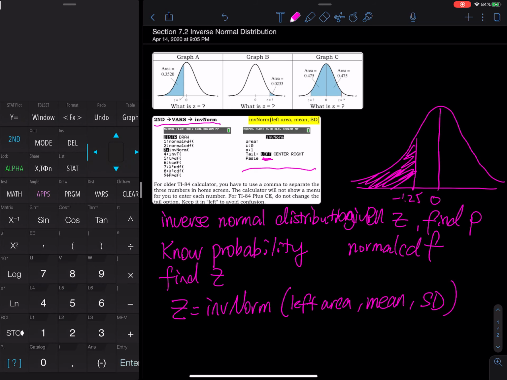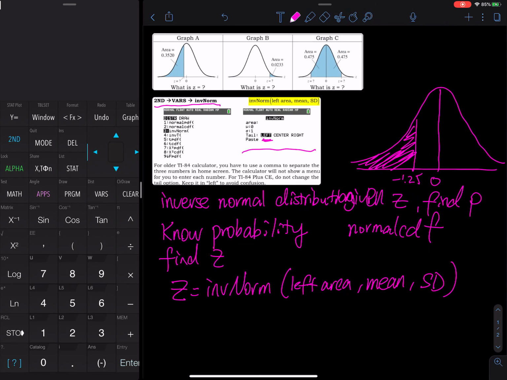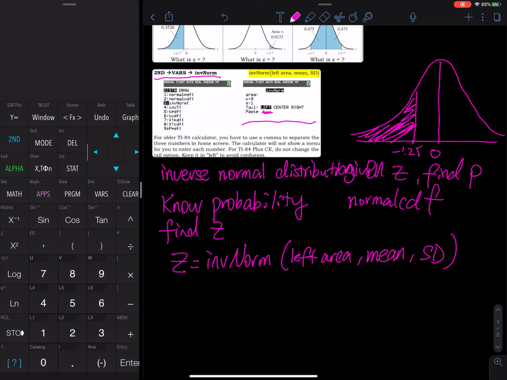All right, let's do this. The first one, what do we have? We have area 0.3520. This is my area, and I am looking for this Z. So this is an inverse normal problem: we have the area, we want to find Z. Let's take out a calculator.